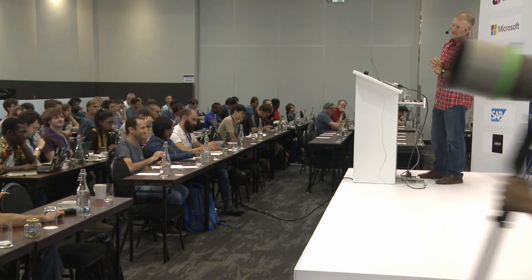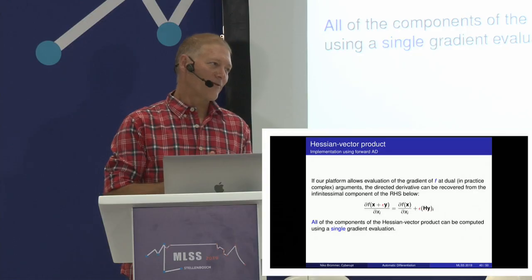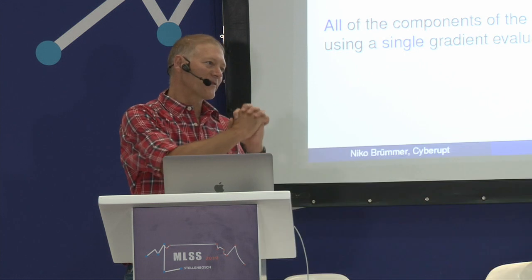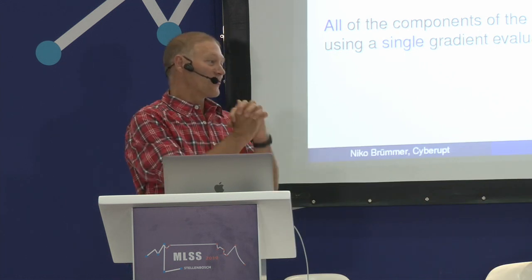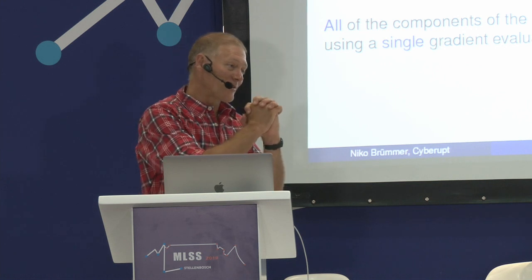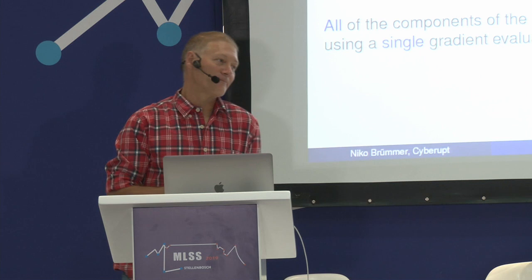The motivation is you don't have to derive the second order derivatives and code them by hand. That's the main motivation. If you've already got your first order derivatives derived and coded, you don't have to do any more manual work to be able to get your Hessian.